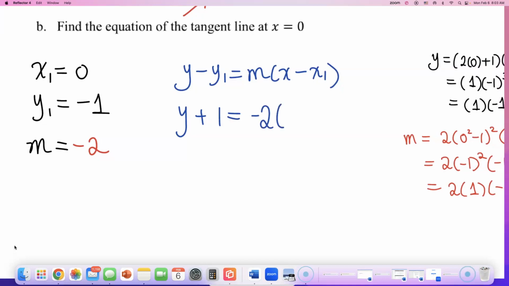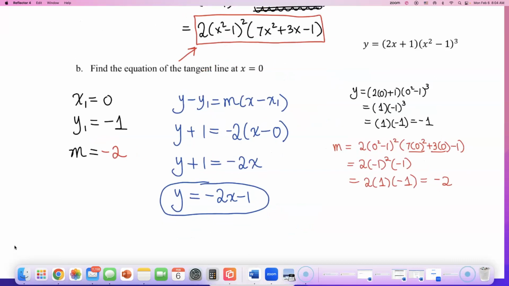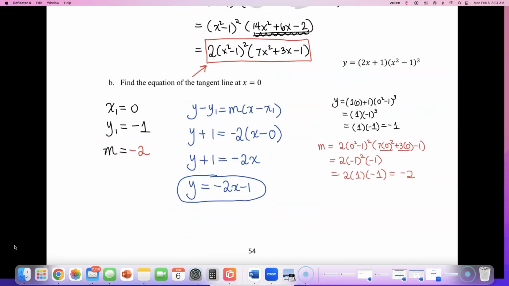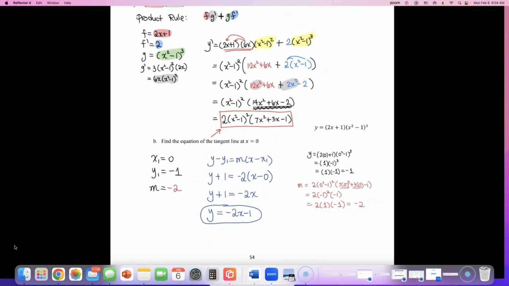Inside the parenthesis, I have to do x minus x1 of 0, x minus 0. Let me simplify this. I'll get y plus 1 equals negative 2 times x. Well, if I subtract 1 from both sides, I get to write this in slope-intercept form of y equals negative 2x minus 1. So that's how we can find the equation of the tangent line using the derivative function.